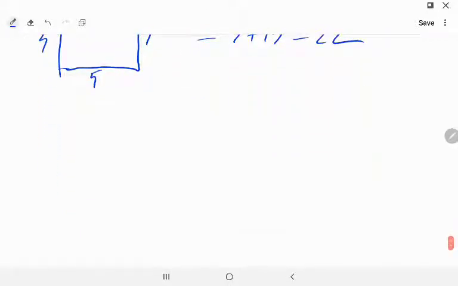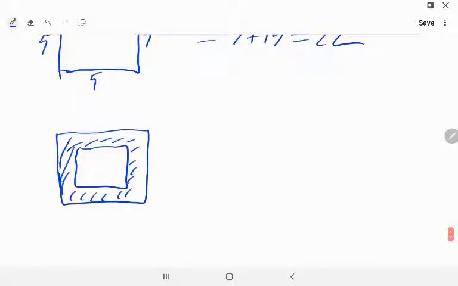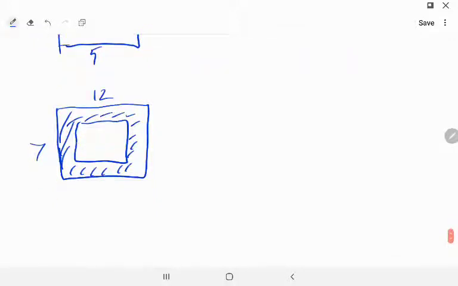If we looked at, say, a rectangle with a center taken out of it, so if we want to know the perimeter of the shaded region, let's say it's 7 by 12, and then we'll say that the inside rectangle is 4 by 8.